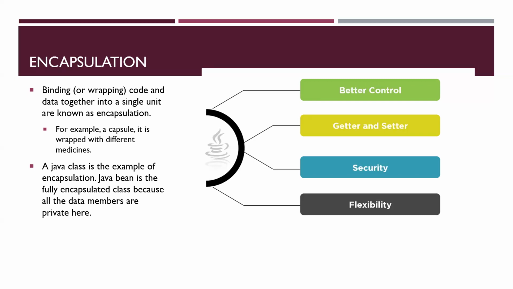Under that plastic covering, you have all the medicine within it. So binding all your medicines into a single capsule, that's encapsulation. Similarly, binding all your Java source code into a single unit is called encapsulation. It will give better control. It has getters and setters, so it will provide nice security and flexibility.